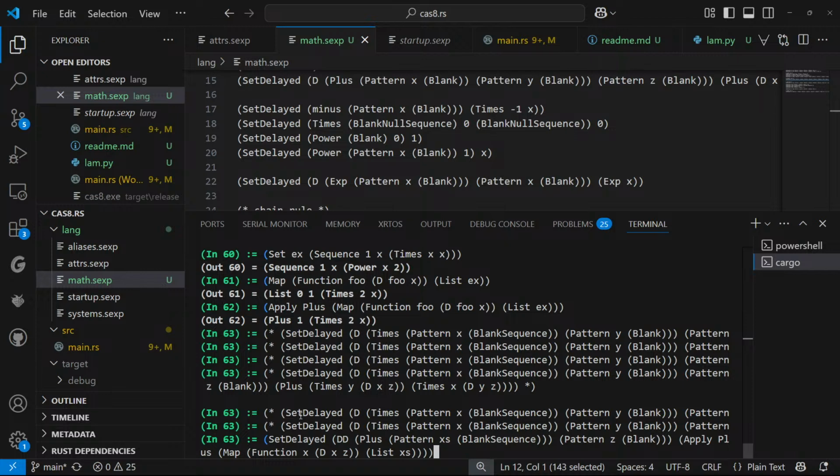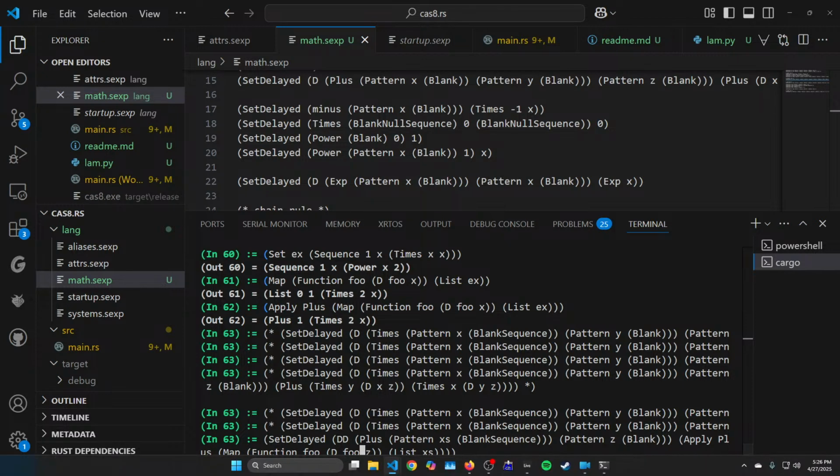The only thing I'm worried about is, oh yeah, so here's the problem. What needs to happen is the lambda over foo is going to capture z if we happen to try to take the derivative with respect to foo. So it's just a problem with my lambda.